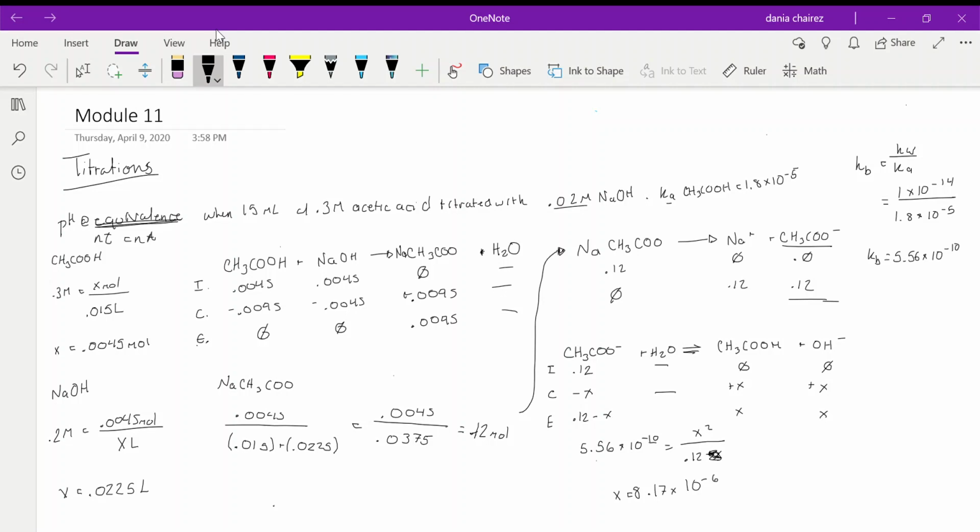So then we can plug that into our pOH formula because x is our concentration of OH minus. So pOH is equal to the negative log of 8.17 times 10 to the negative 6.